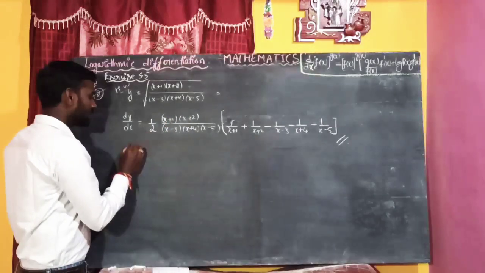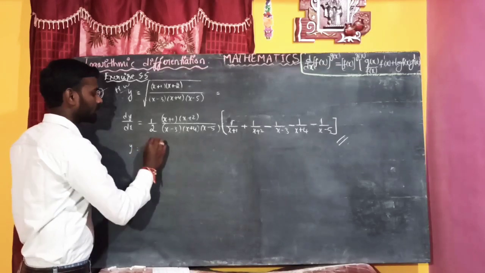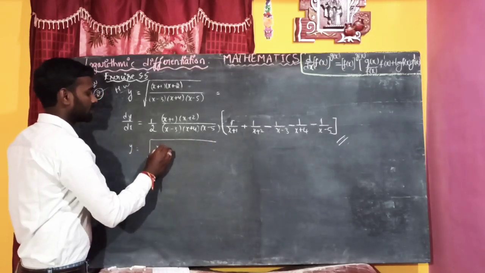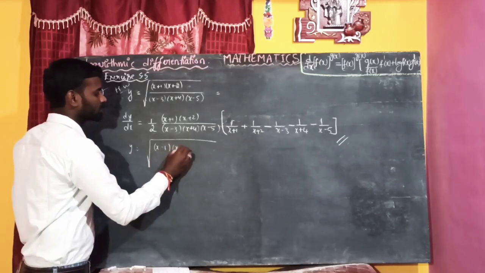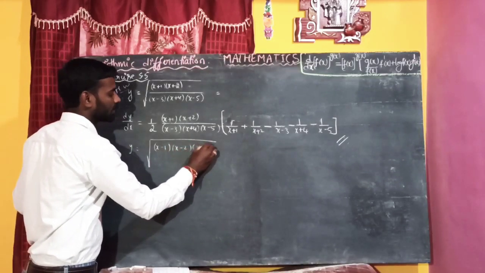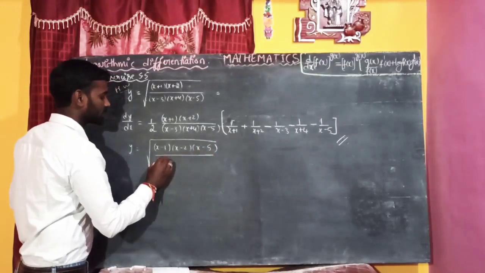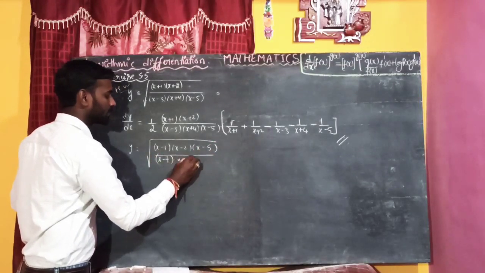Now I will take another example. y is equal to square root of x minus 1 into x minus 2 into x minus 5 by x minus 7 into x minus 9.